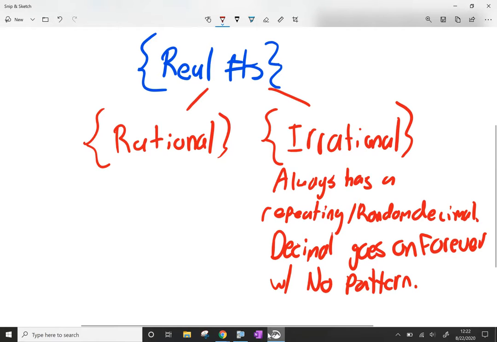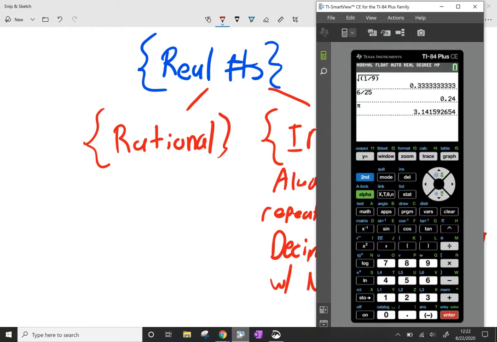Now, a lot of the times, though, we see these numbers come from square roots. So this is the thing you really want to look for when you see square roots. You want to think it's probably irrational. So let me take the square root of any kind of random number. Like let's say the square root of 5, right? Square root of 5 gives me a repeating decimal that has no pattern, and it will go on forever.